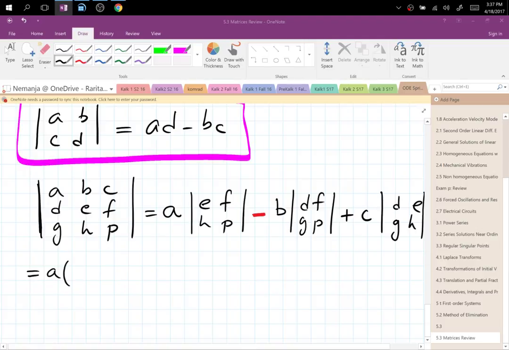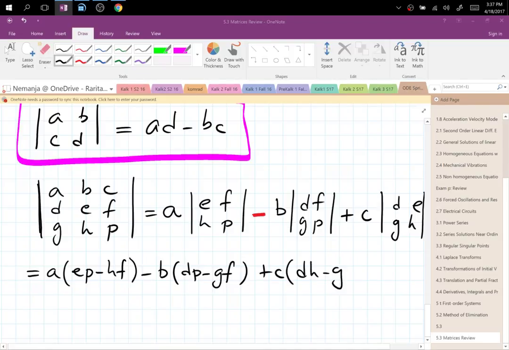So it's A, we have EP minus HF, minus B, DP minus GF, and then plus C, DH minus GE. So this is the determinant for 3 by 3. What's the determinant for 4 by 4?